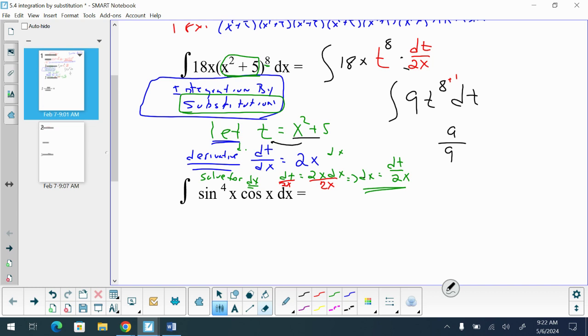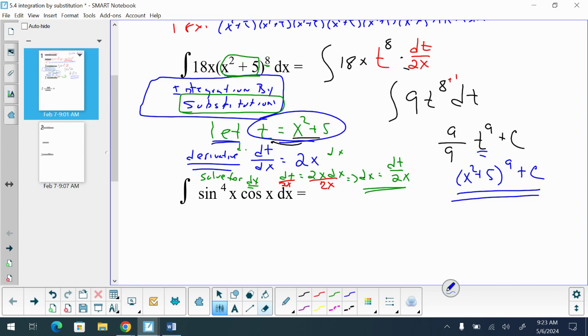Divide my coefficient by my new exponent. So we have 9 divided by 9, t to the 9th plus c. 9 divided by 9 is a value of 1. And then we want to back substitute. This t is equal to x squared plus 5. So we're left with x squared plus 5 to the 9th power plus the value of c.